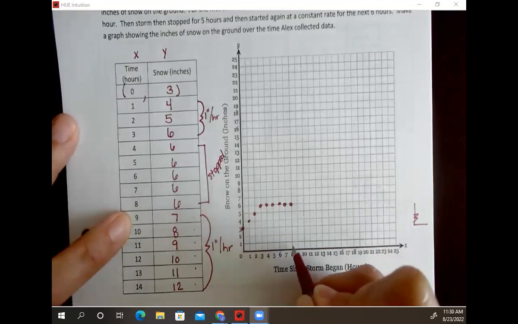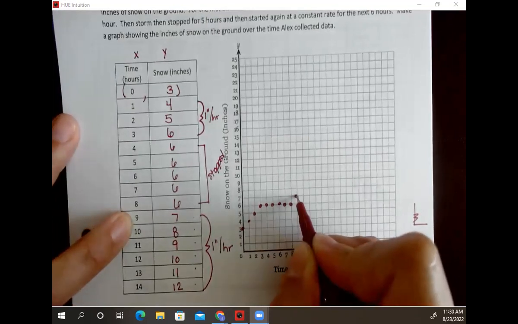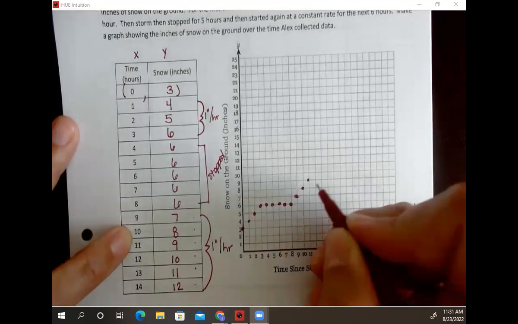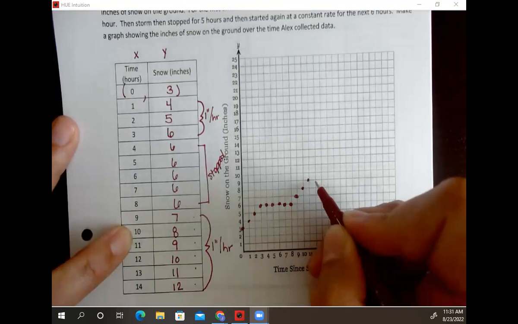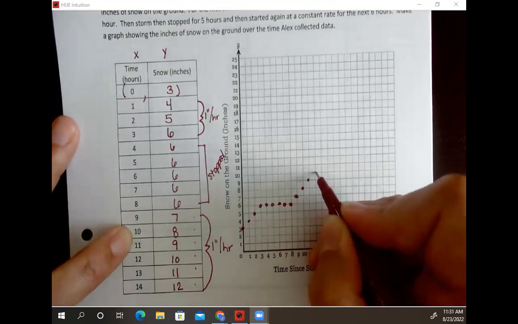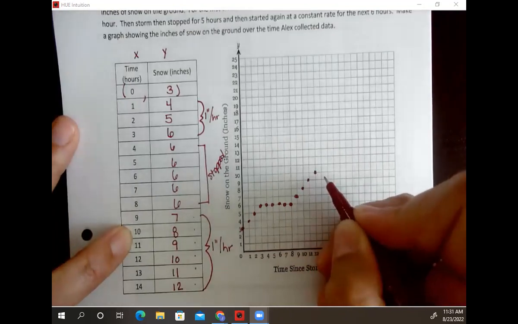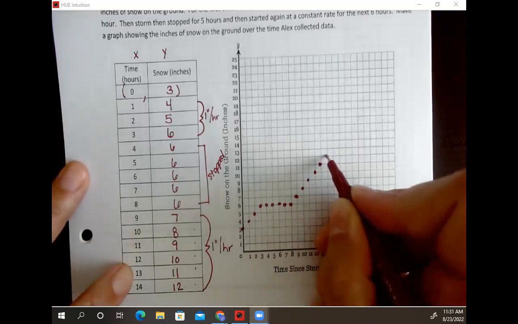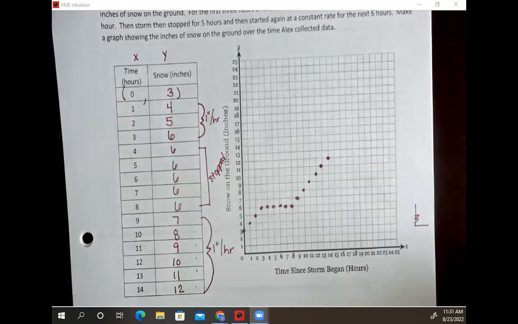So I get 9, 7, 10, 8, 11, 9, 12, 10, 13, 11, and 14, 12. So there's all my information on my graph.